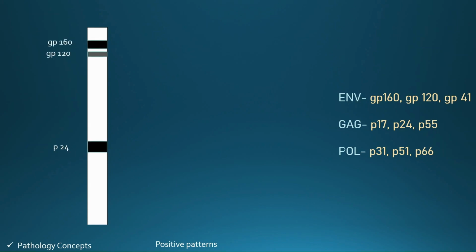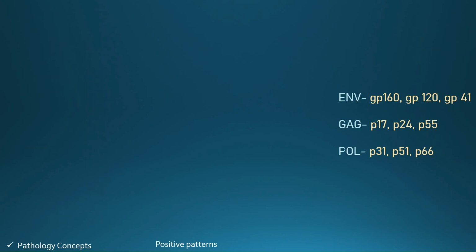So in the first scenario, GP160 and GP120 are positive for envelope antibodies and either of the gag or either of the pol is positive like P24 or P17 or P51 or P55 or P31 or P66, then we can say that this pattern is positive.